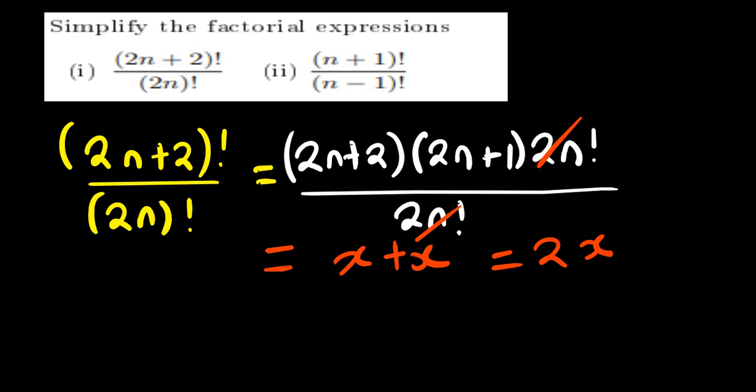But actually it's not the same. There's a plus 1 there. So it just means that you're supposed to multiply those, which I'm not going to do. If you want to express them, but we have simplified the factorial expressions. We've simplified the factorials that we initially wanted. Let's solve the second one.